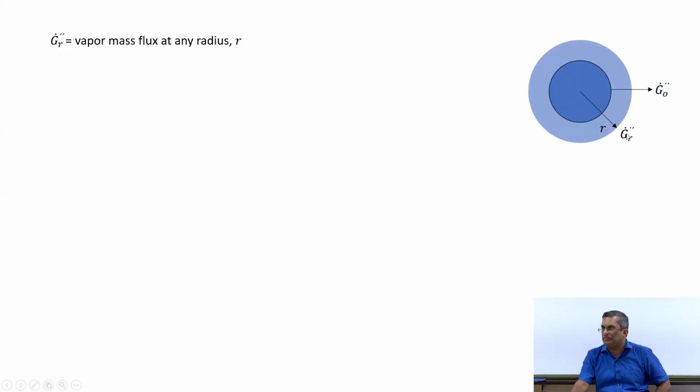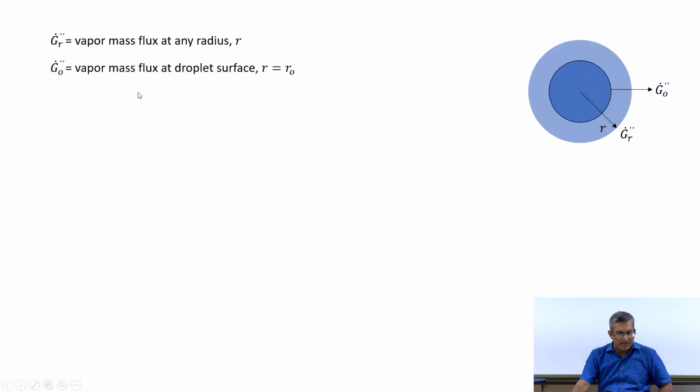This is basically this term. Now, this means that the flux at the droplet surface is defined at r equal to r naught, where r naught refers to the initial size of the droplet. Now, what is this vapor mass flux at the droplet surface? This is what we are interested in, in fact. This is what we want eventually.